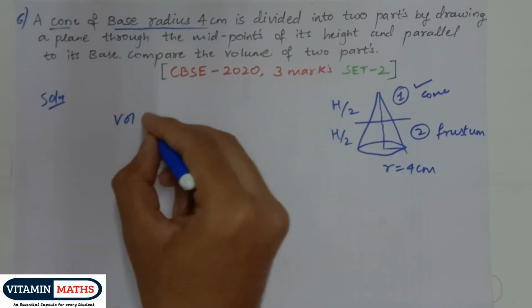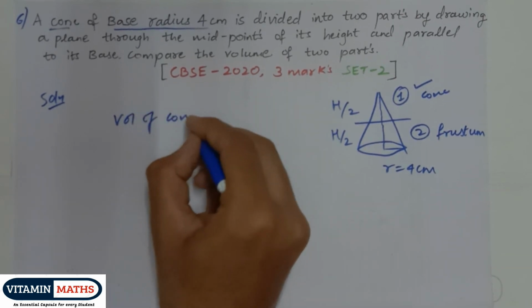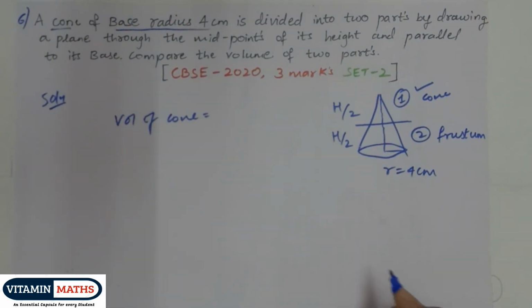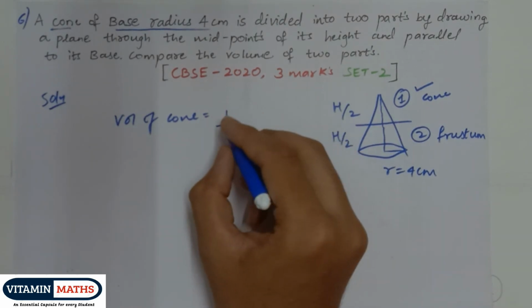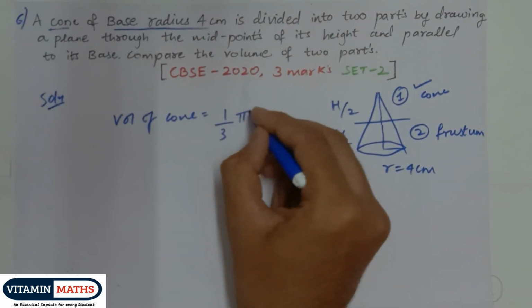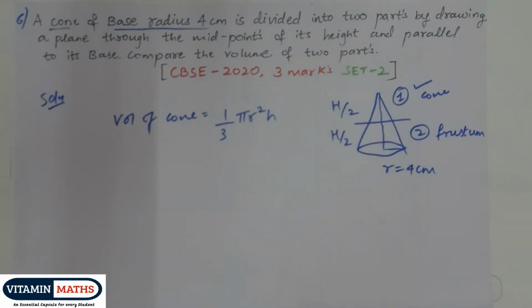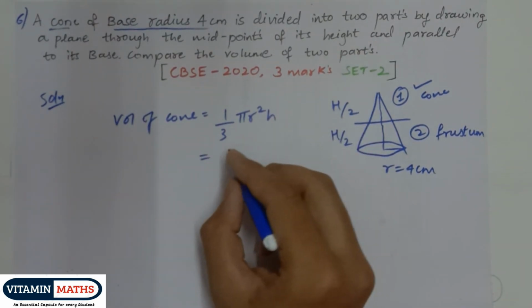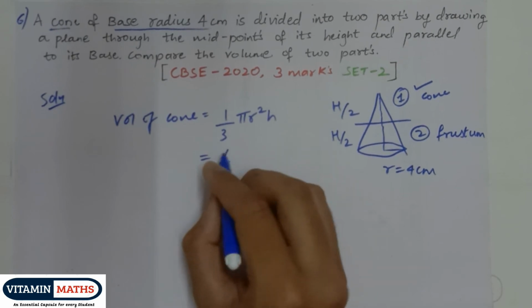So what is the volume of a cone? Volume of cone is equal to 1/3 pi r square into h.